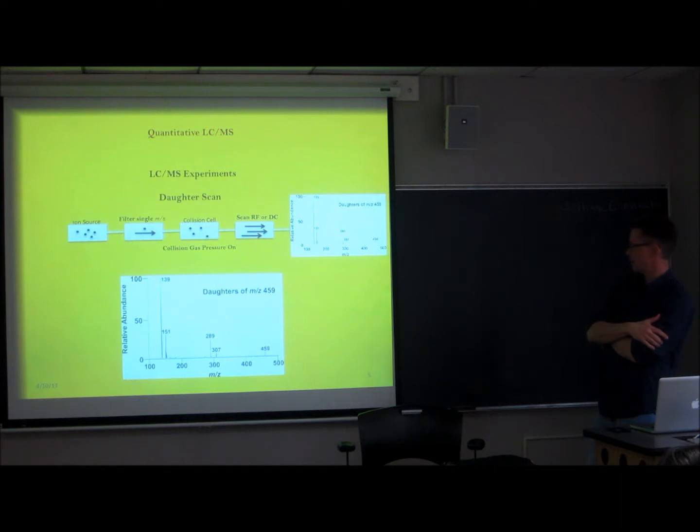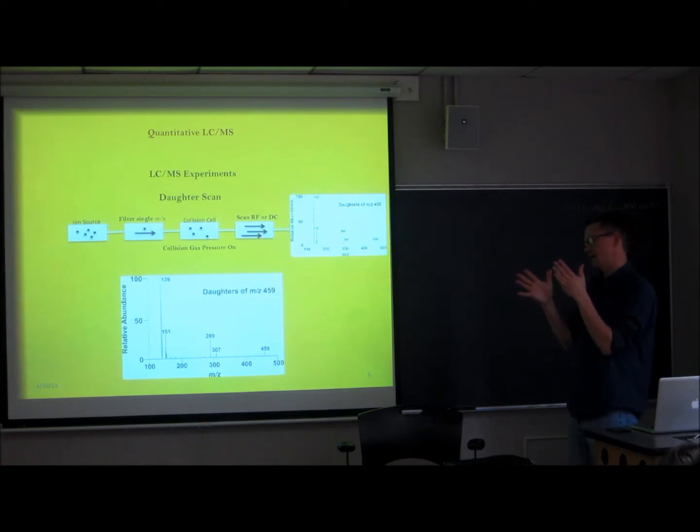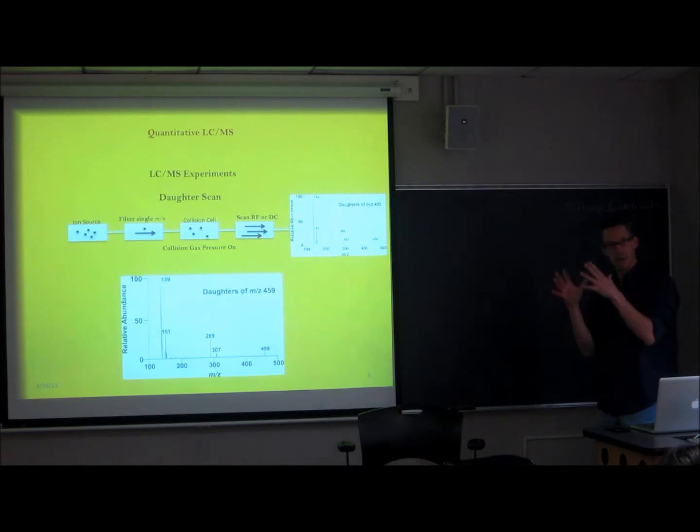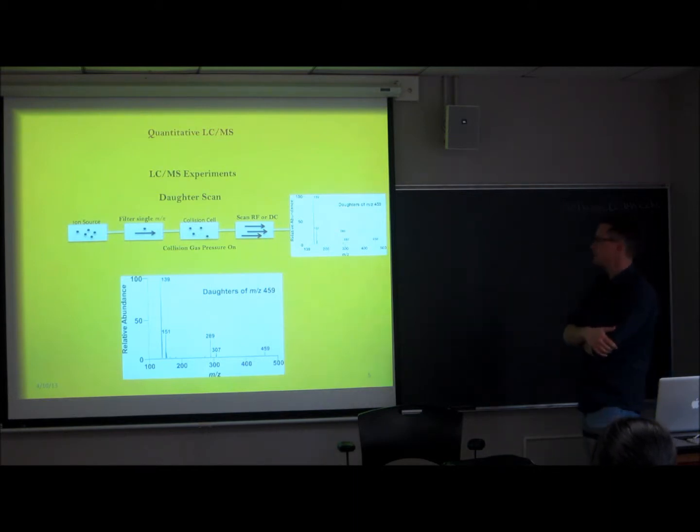So if we're going to do an MRM, we want to identify both the mass to charge ratio of the parent compound that we're interested in, and a specific mass to charge ratio of some fragment ion that's specific to that parent, so that we can do this sort of 2-dimensional mass-based separation.